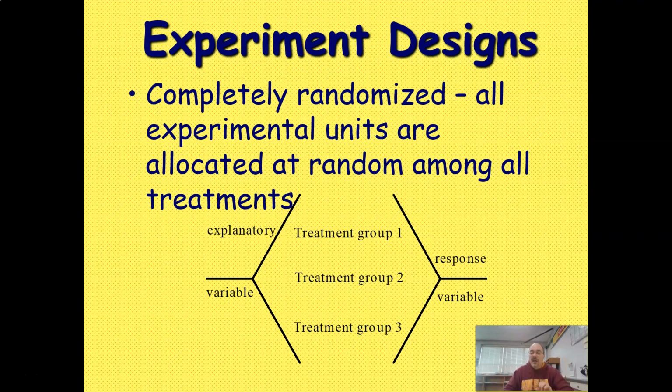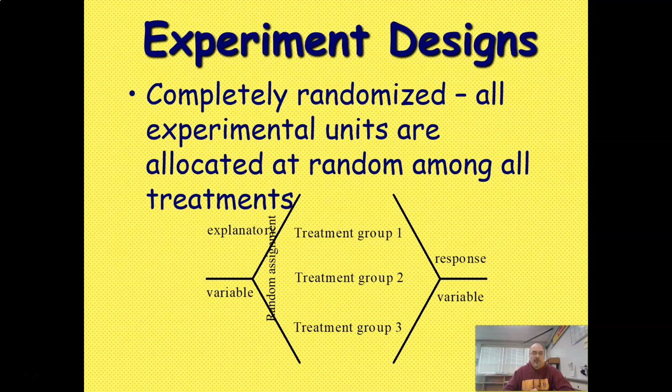On the left side, we've got the explanatory variable, and then treatment group 1, treatment group 2, treatment group 3, and all the units are randomly put into those, and then at the end we compare those variables. Let me show you a little bit more detail. Again, we're going to randomly assign to the different treatment groups, and then we compare.